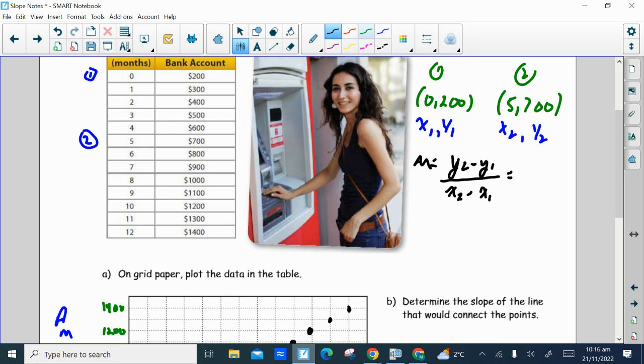So if I use that formula, y2 is the y value at point 2, which is 700, minus y1, which is the y value at point 1 of 200, over x2 minus x1, 5 minus 0. So 700 minus 200 is 500, over 5 minus 0 is 5, and when you divide those, you'll get 100. So we found that the slope is 100.